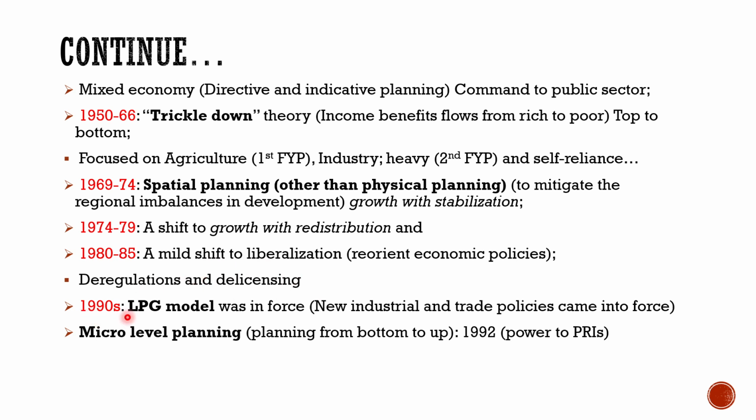In 1990s, we adopted LPG model, that is liberalization, privatization, and globalization, and we formed new industrial and trade policies. Micro level planning was also done, by which you mean planning from bottom to up. And as I've already mentioned that in 1992 we have gone for 73rd and 74th constitutional amendment and given power to Panchayati Raj institution or local bodies.